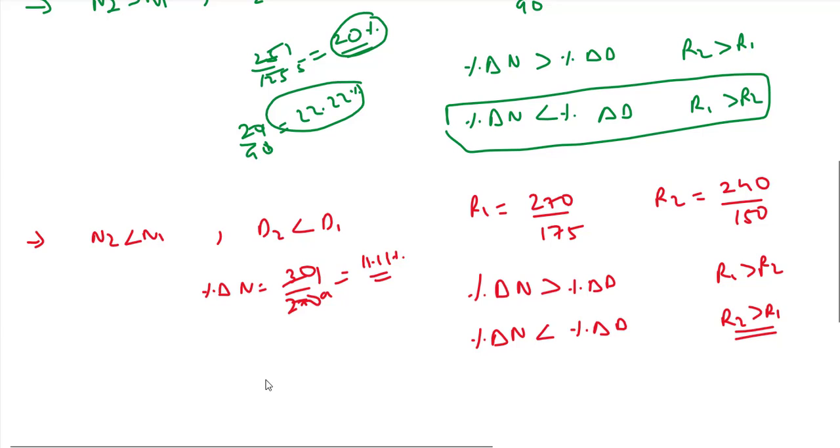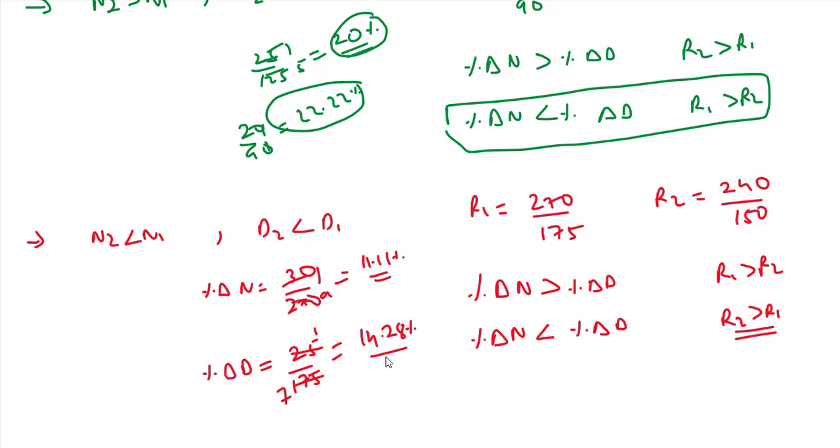Whereas the percentage decrease in the denominator, your denominator is decreasing by 25 over 175, so this will be 25 over 175 into 100, this will be 1 by 7, it will come out to be 14.28%. So as you can see, your percentage decrease in the denominator is more than the percentage decrease in the numerator. So this is based on the second case. Hence we can say that your second ratio R2 will be greater than R1.